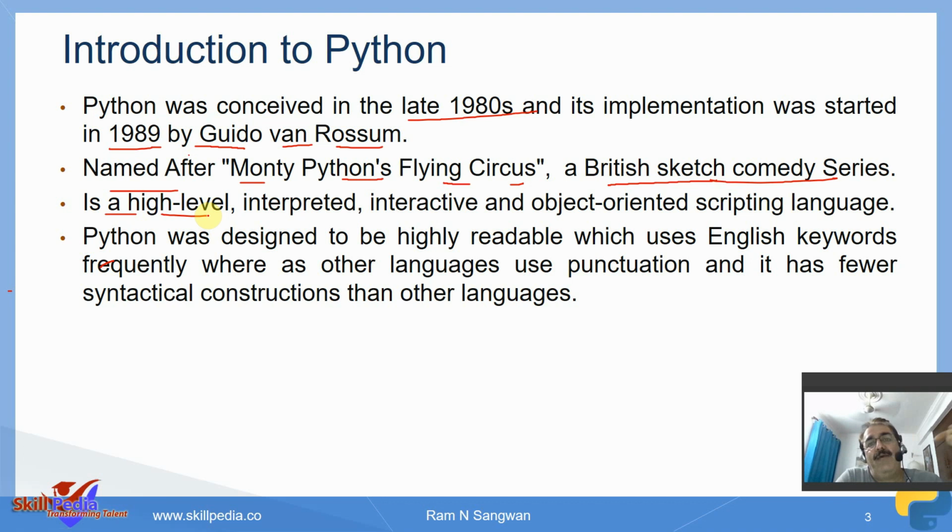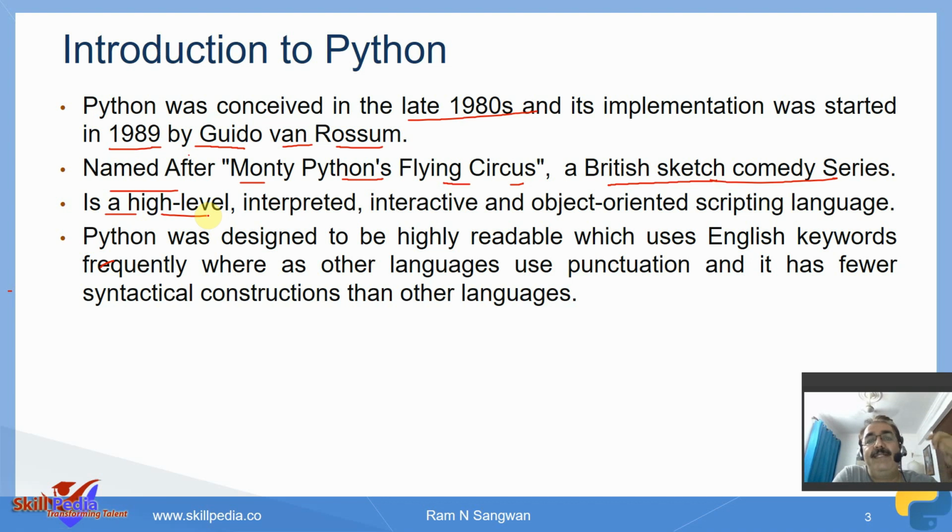Interpreted means every line is translated and executed before moving on to the next line. There are two types of languages: interpreter based languages and compiler based languages. The interpreter based languages work line by line, statement by statement. And the compiler based languages, the compiler reads the whole program, checks for grammatical errors, and if there is no error in the program, it will translate the whole program into machine language called binary language or binary program or executable.